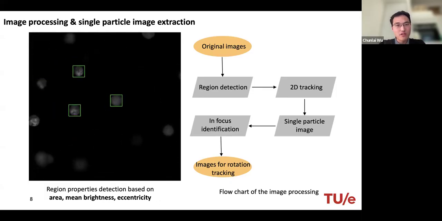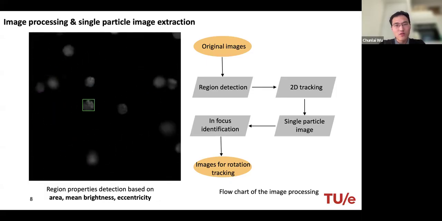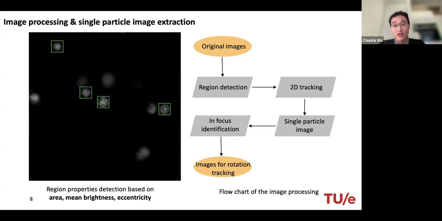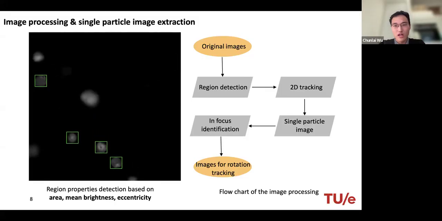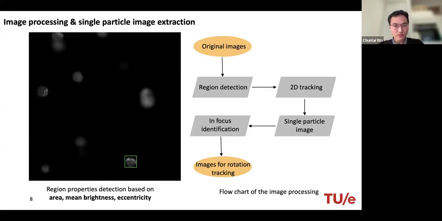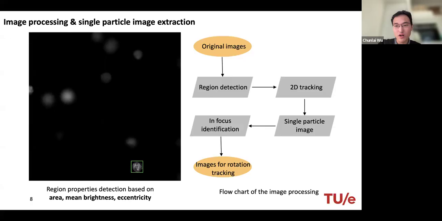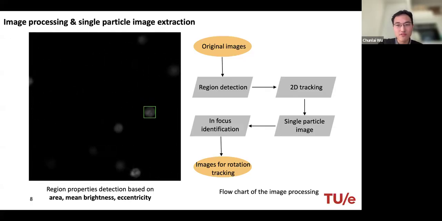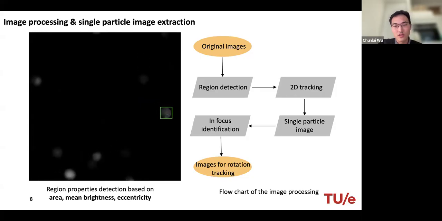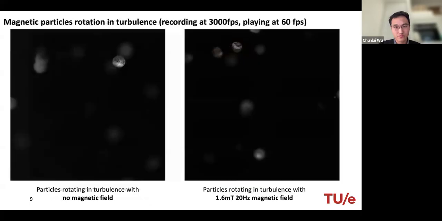The original image is 1024 by 1024, and each cropped single particle image is only about 100 pixels by 100 pixels. Then we get rid of those blurry particles, keep only the particles that are nicely in focus, and feed those images to the rotation tracking algorithm. Then we finally get those particles' angular velocities.